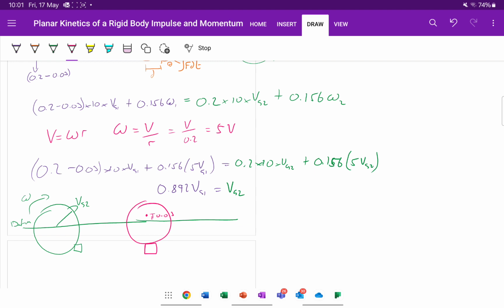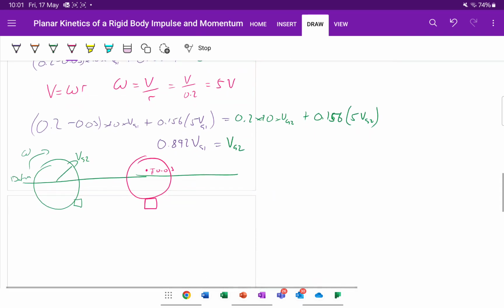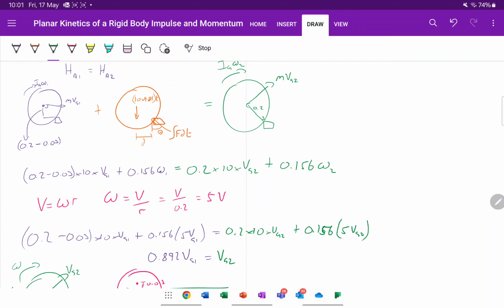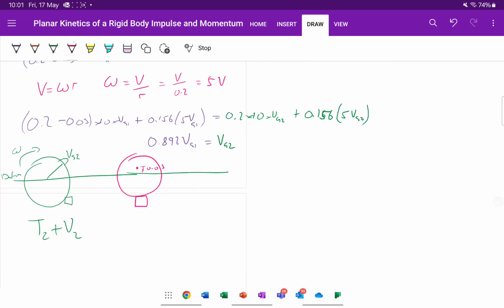If it's just going to roll around the step and then stop, then we know the kinetic energy at the end. So what we can say is our kinetic energy and our potential energy, and I'm saying position 2 because position 1 is our purple position where we're running towards the step, just impacting the step. The green stage 2, we're rolling around the step, and then our pink stage 3, we're stopped on top of the step.